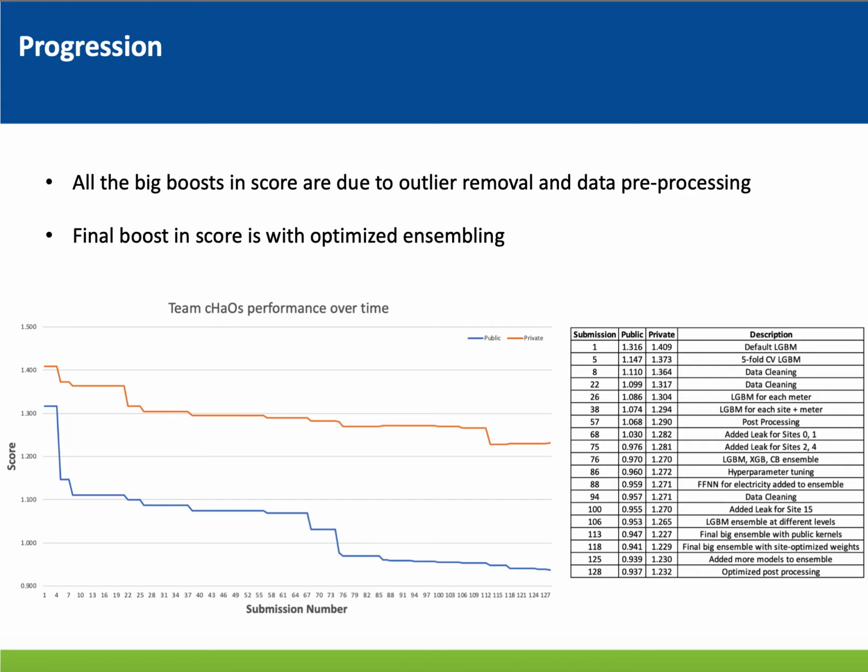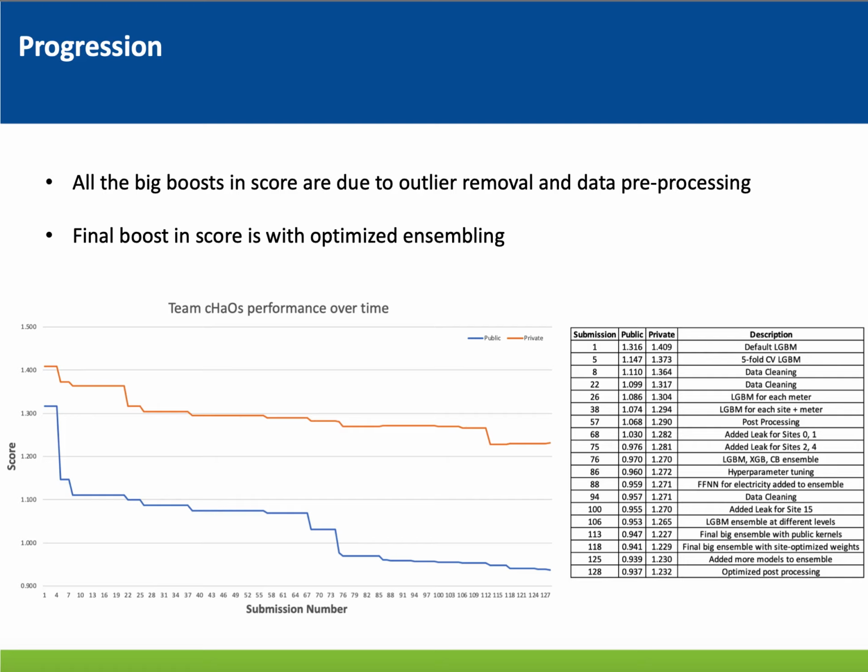So this was our progression along the timeline of the competition. The two bars show our scores on the public leaderboard and private leaderboard, and lower scores imply better model performance. If you look at the significant drops, the drop at our submission number 22 was primarily because of outlier detection and data cleaning.